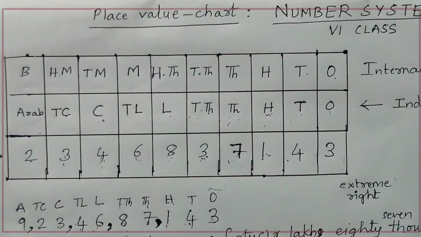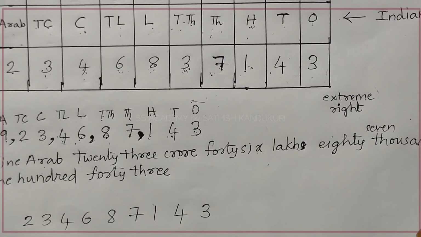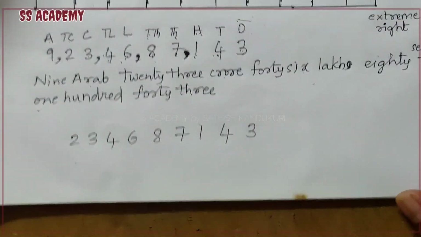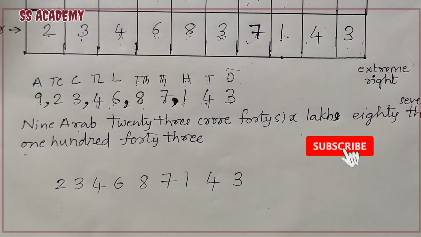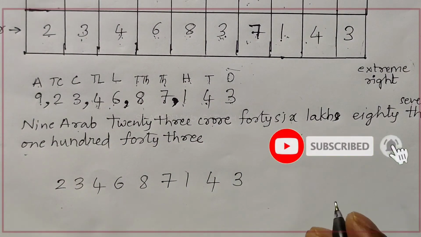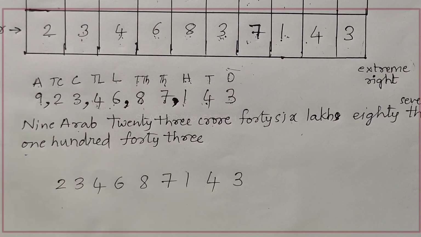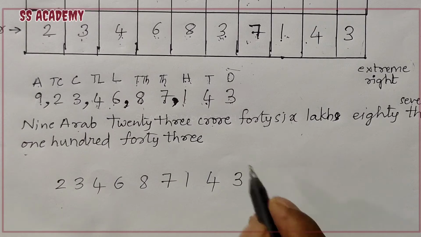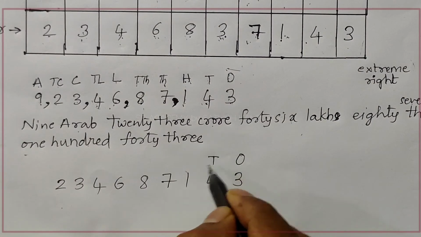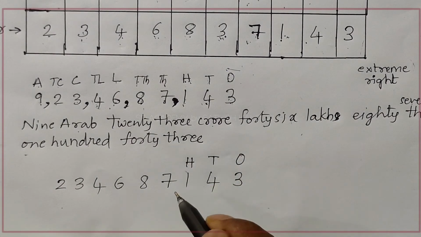Let us understand the international number system with the help of a number. See here, I have written a number here. While writing a number name in the international number system, the first step is to write the place values. So I am writing place values: ones, tens, hundreds.